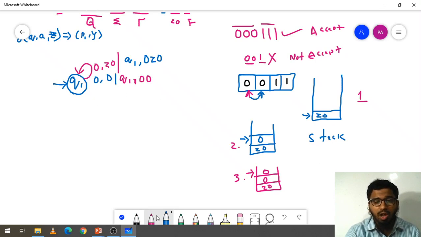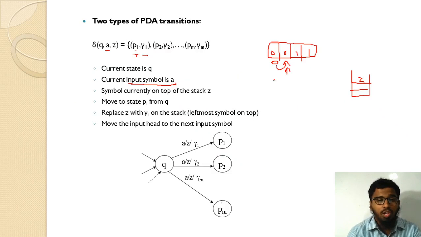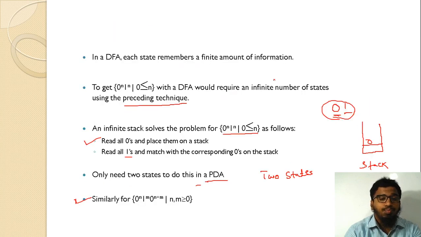Now our header moves to the next. So this is our next input. How to do this? Whenever we have a 1, go here and see, whenever we have 1, what do we need to do?